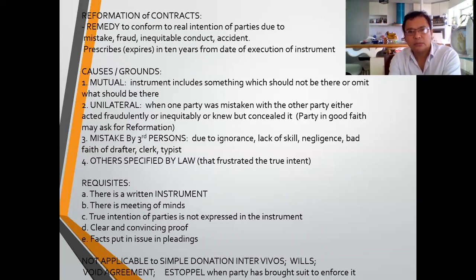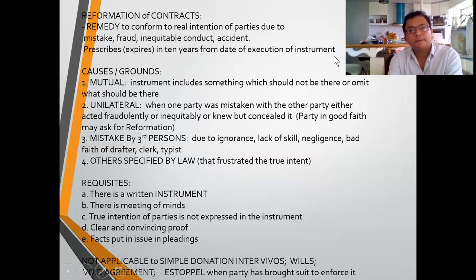The typist made a mistake; it is a contract of sale, but what was put was contract of donation. Then the remedy here is to reform the contract. So is there a prescription or expiration? Yes, it is 10 years from the date of execution of the contract.